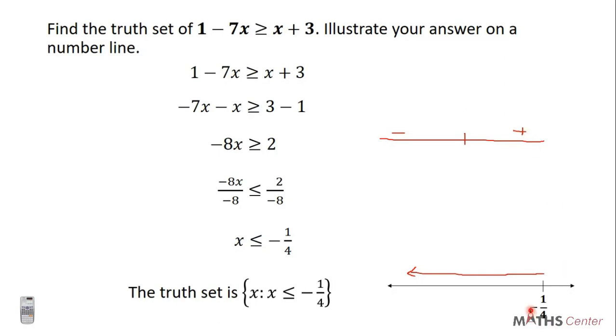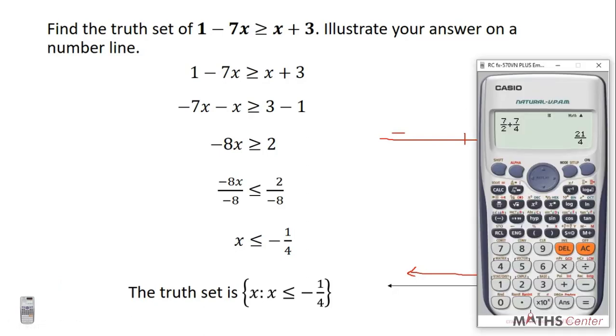So here, the first number is negative 1 over 4. So if you want to get the next number, we subtract 1 over 4 from this number. So that's what we are going to do. To get the next number, we already have negative 1 over 4.